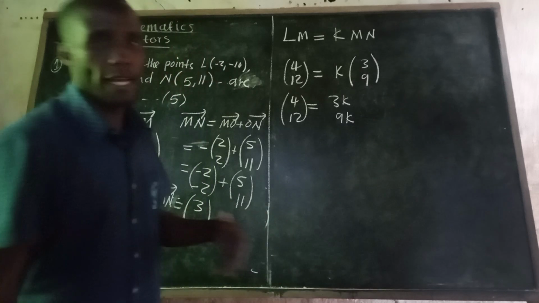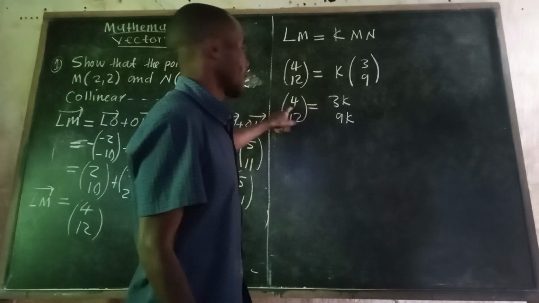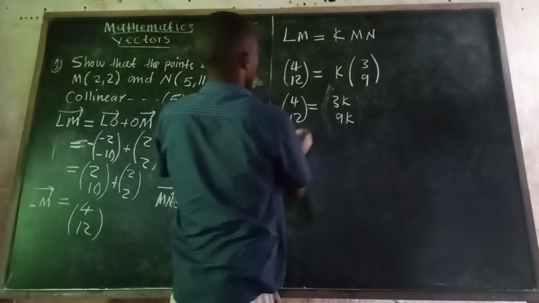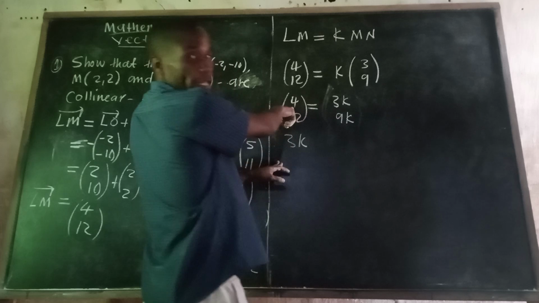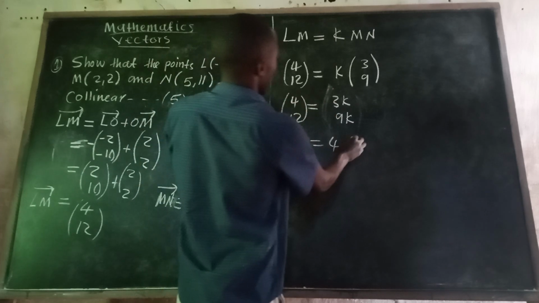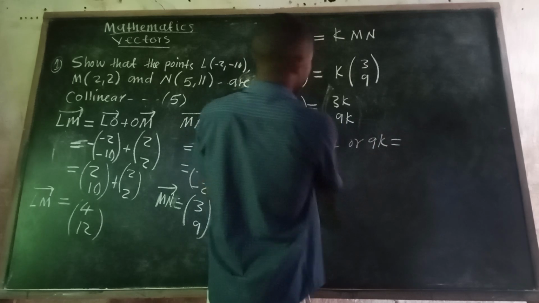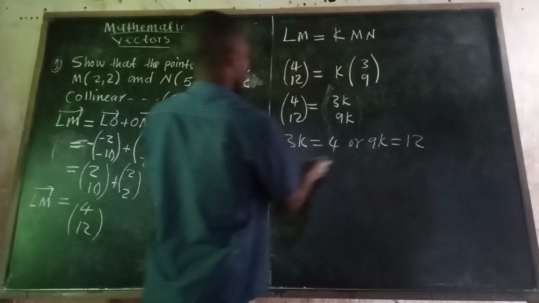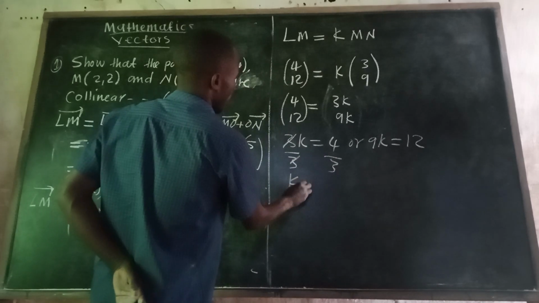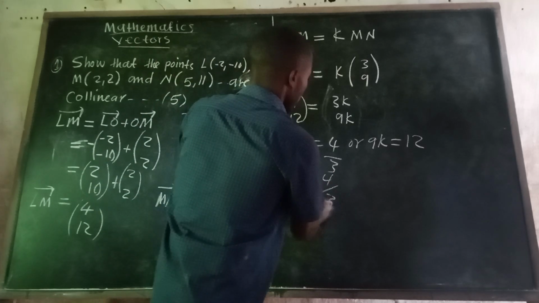Then the idea is to find the value of K. This is an equation we have. So we equate the top numbers: 3K is equal to 4. And the bottom: 9K is equal to 12. So for us to find K, K is equal to 4 over 3.